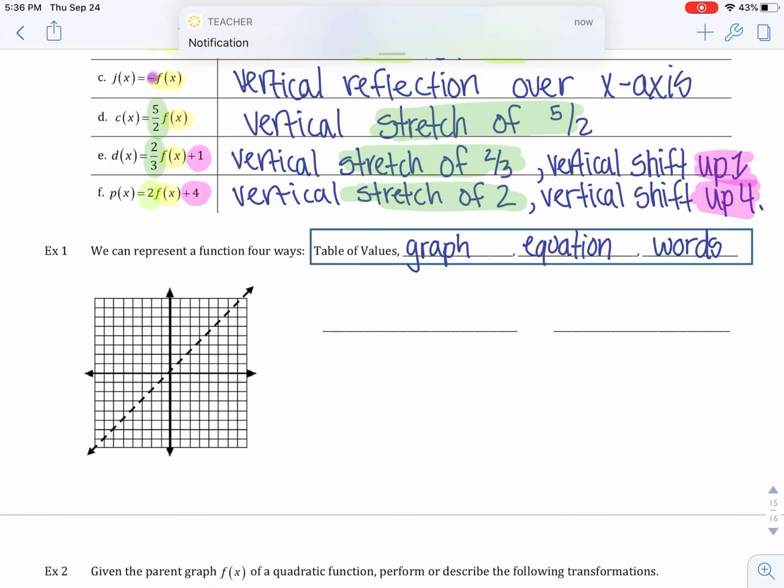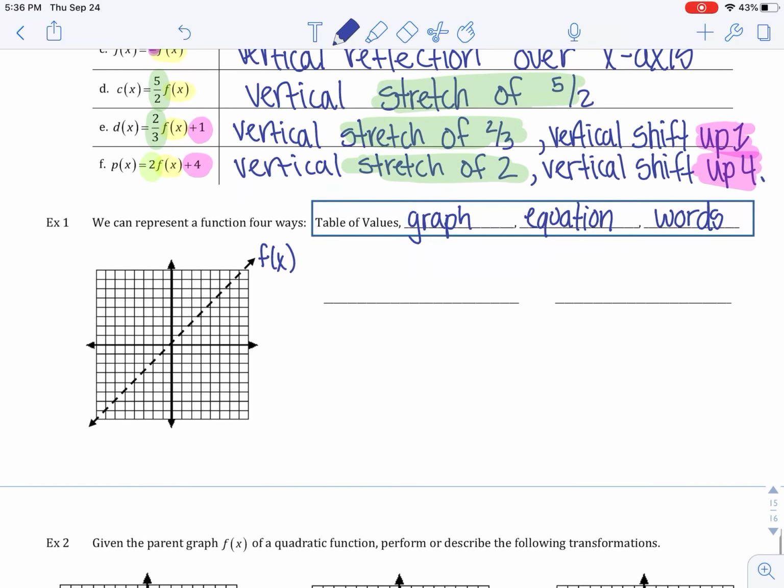I have this graph, and this was given, and we're just going to say that this is our f of x, and we're going to say I want to shift this up 2. So it looks like here's my dot. I'm going to take that dot on the y-axis and shift it.